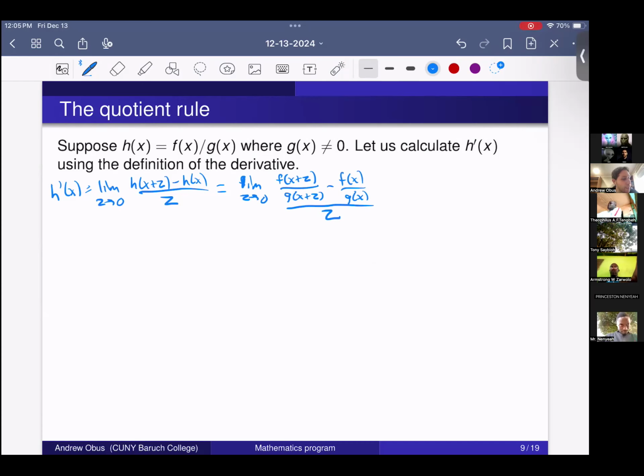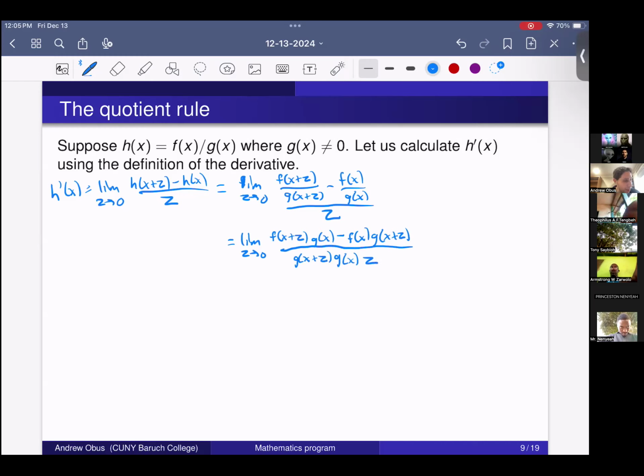And in fact, if you simplify this all, I'm not going to do every step, but if you simplify everything here, it's going to turn out to be the limit as z approaches 0 of f of x plus z times g of x, this is getting a common denominator, minus f of x times g of x plus z, divided by g of x plus z, g of x, and z.